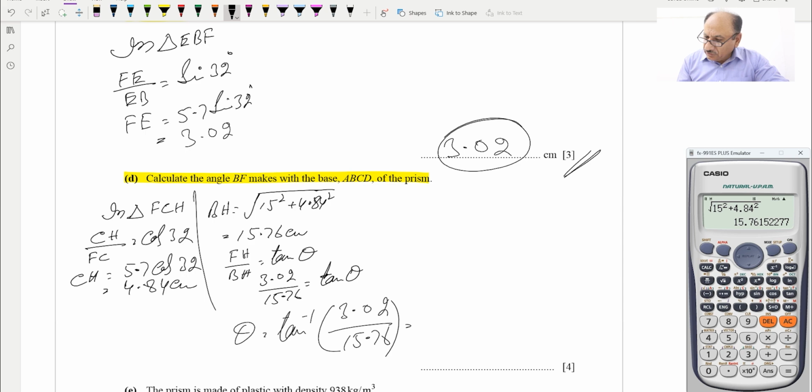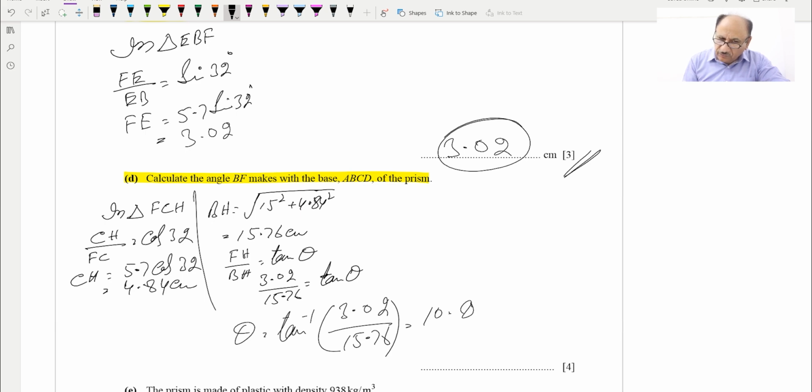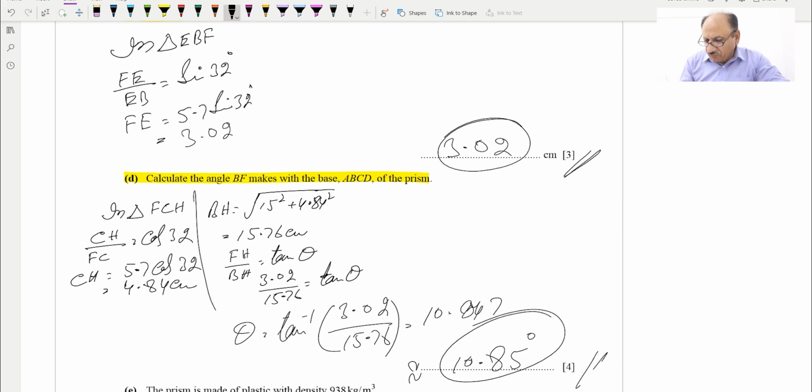So shift tan of 3.02 over 15.76, and this one is closed, and this is equal to 10.847. So we can write approximately equal to 10.85 degrees, and this is the answer for 4 marks.